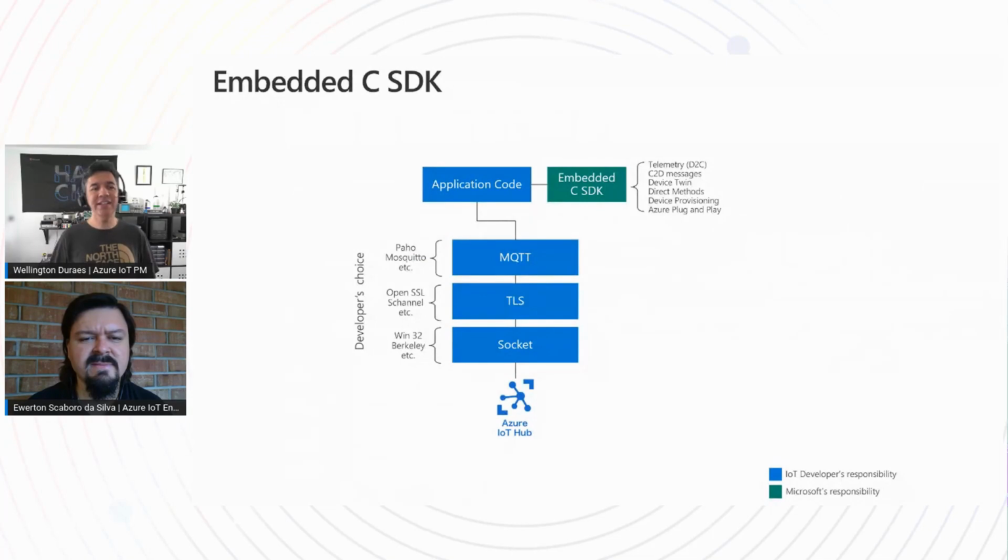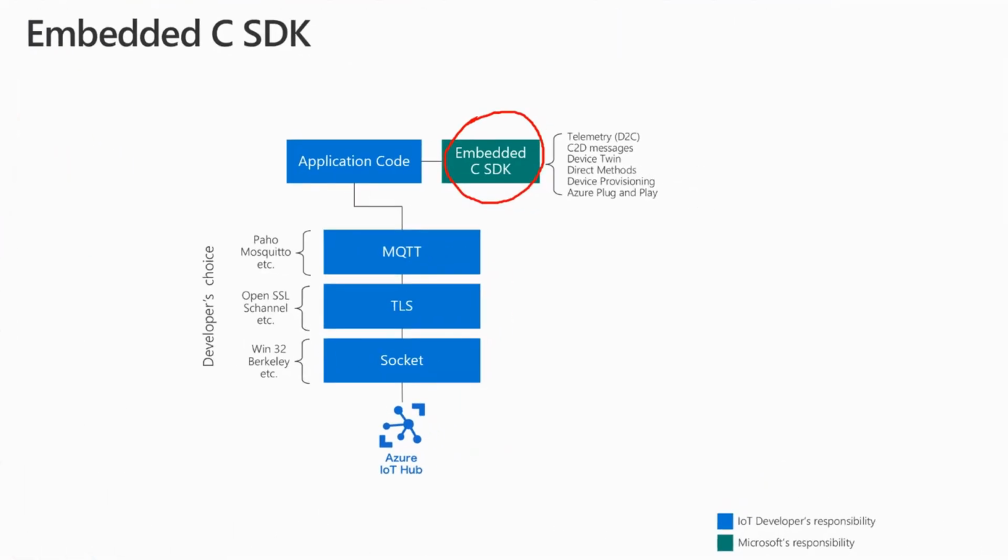So, provided that we'll be looking at the embedded C SDK, let's see how this application will look. While we could think of all of these Azure IoT features, for this sample, we'll be using only telemetry and commands. So D2C and C2D messages. We'll have an application code. And as I said before, the embedded C SDK provides choice to developers, which means that developers can pick and choose whichever MQTT client they want.